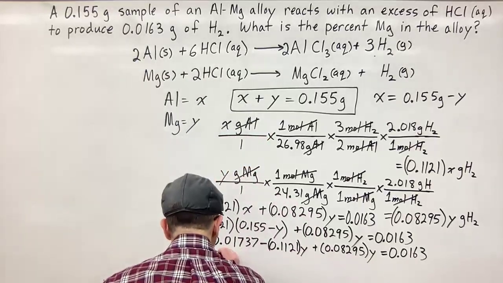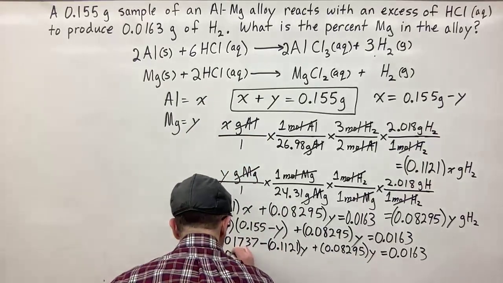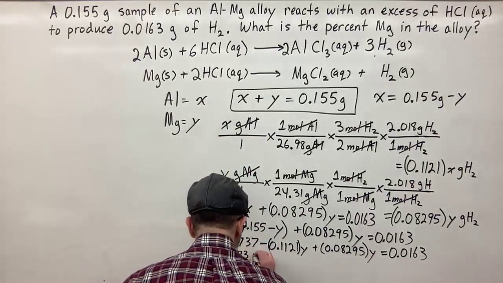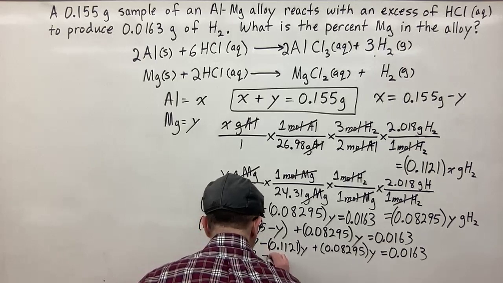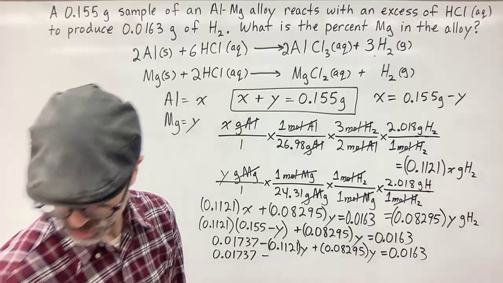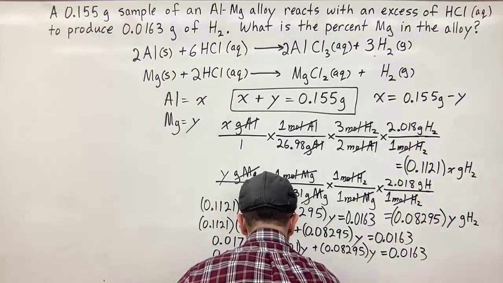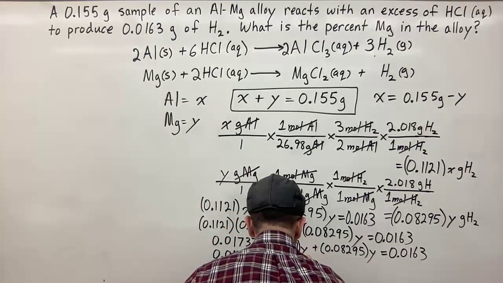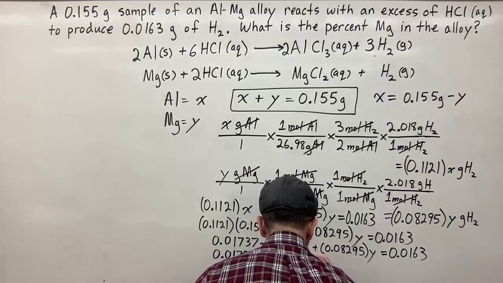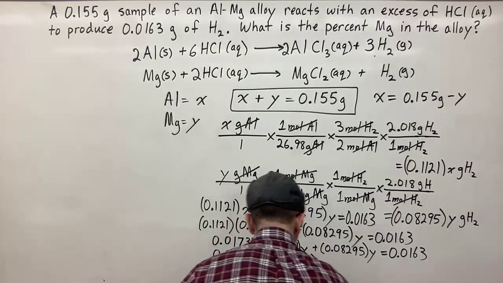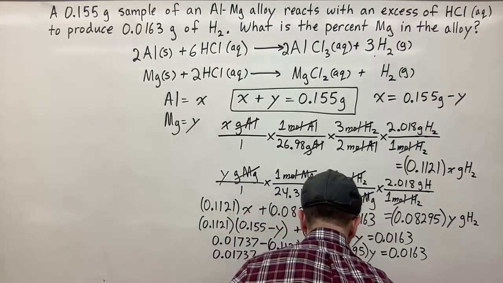So I'm going to have 0.01737 minus 0.02915 times Y is equal to 0.0163.